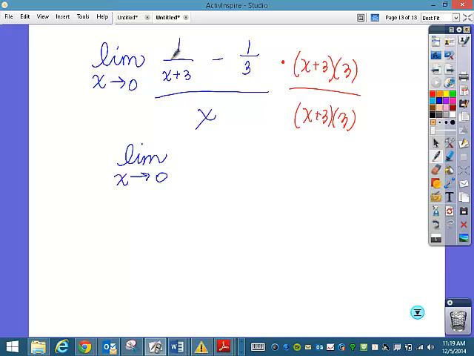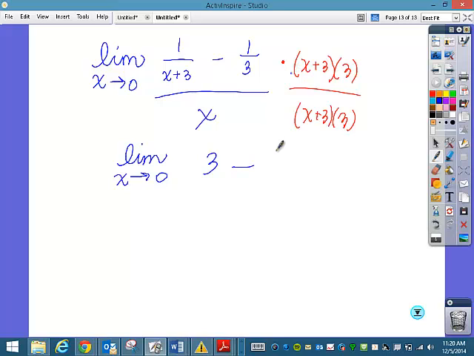If I was going to multiply 1 over x plus 3 times x plus 3 times 3, wouldn't the x plus 3's cancel out? So I would just be left with the 3, right? Are you cool with that? Minus, now my second fraction, if I was going to multiply by 3 here and here, those would cancel out, but I would just have the x plus 3.